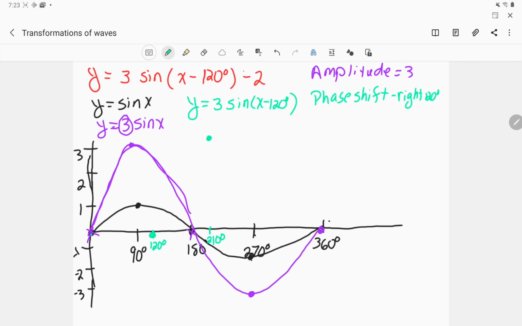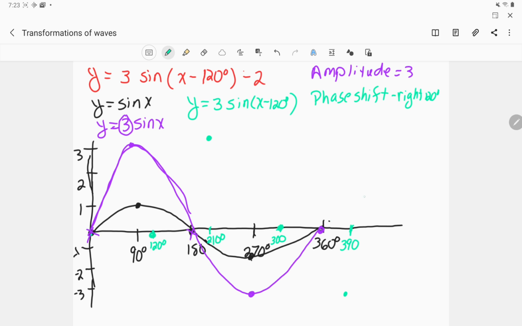You're going to take this point, which is at 180, and you're going to move it over 120 to 300. So it's going to go here. You're going to take 270, and you're going to move it 120, which is going to bring you to 390. So here.